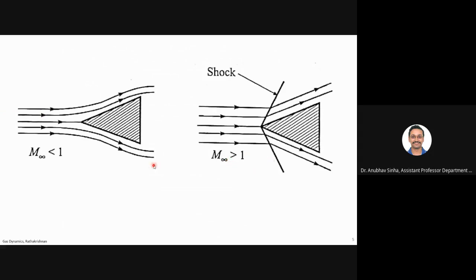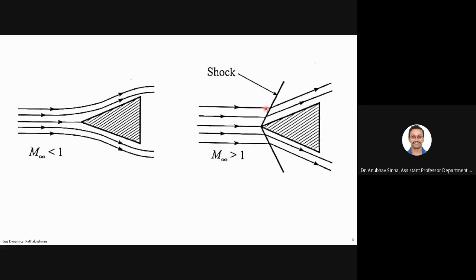Another interesting difference is that fluid streamlines approaching the object start to diverge at some distance. They know that there is some object sitting here, and accordingly they adjust their paths. They take a curve from here. But for a shock, the fluid approaching this object has no idea till it reaches the shock.